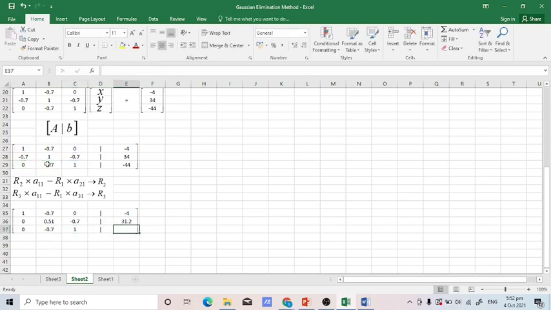And then, ito naman, R3 fourth element, times A11, minus R1 fourth element, times A31. Nakuha niyo yung pattern? Okay, negative 44.